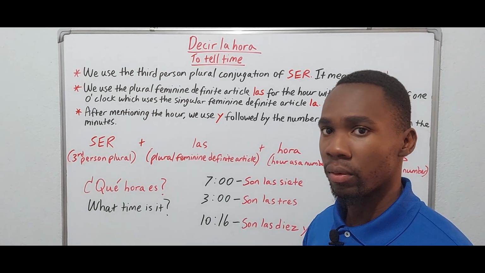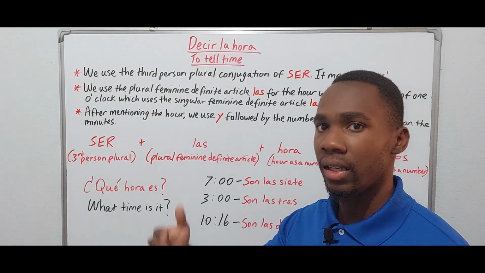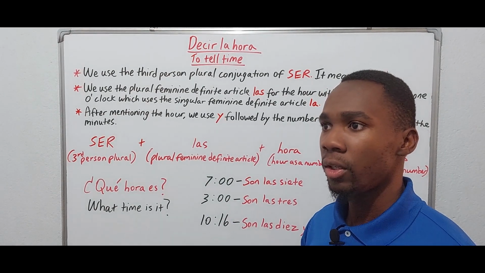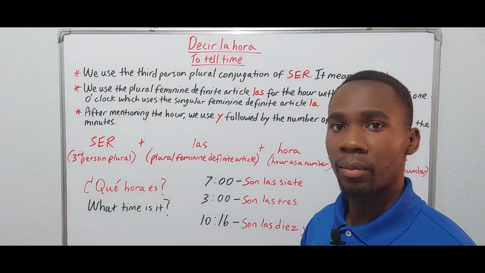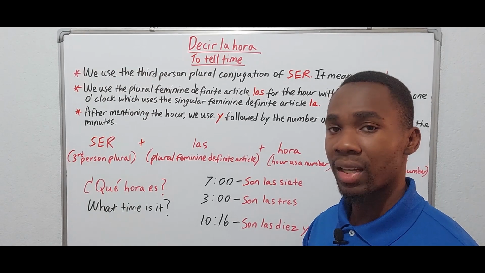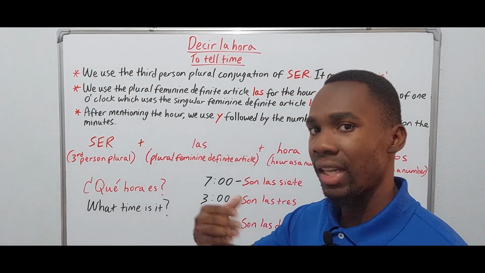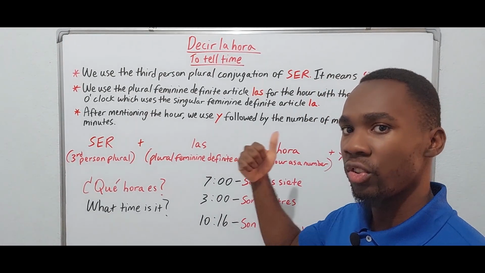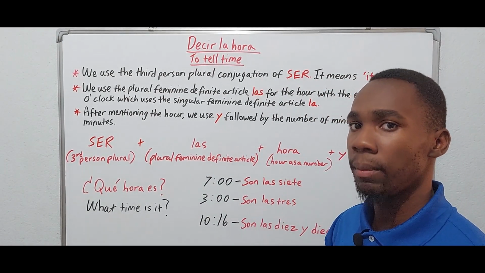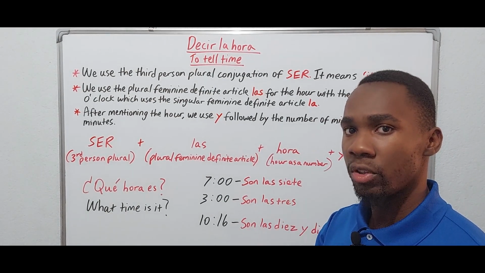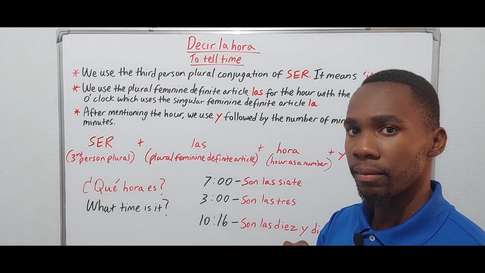We use son to say it is, right? Because when somebody asks you what time is it, you will say, well, it is whatever. So the it is part we use ser, but we use the third person plural, right?